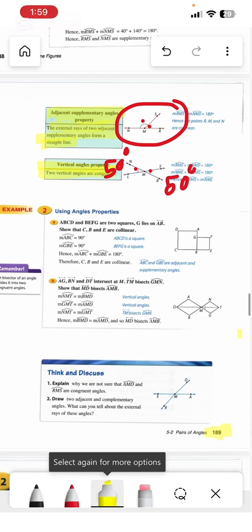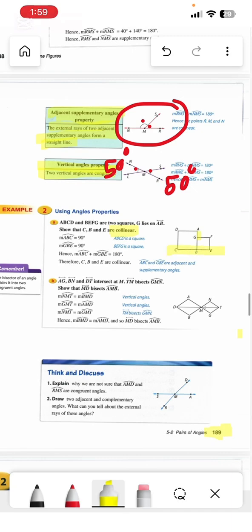Show that C, B, and E are collinear. What does collinear mean? Collinear means a straight line, and a straight line means a 180 degree angle.